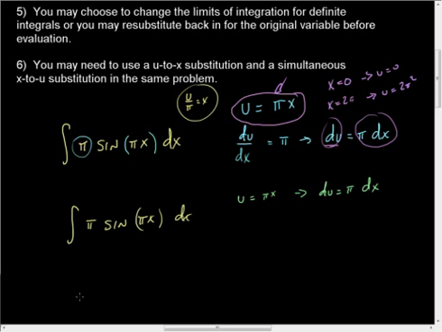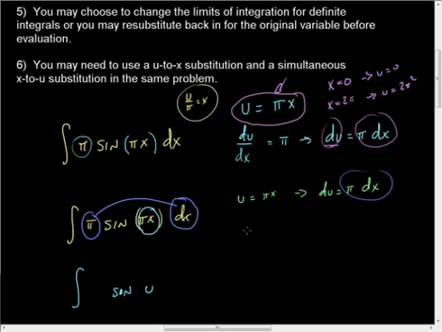Wherever I see, and I'm going to change this to blue, wherever I see a pi x, I put a u. So I have a sine of u. Now, here's the trick. Wherever I see pi dx, I put a du.